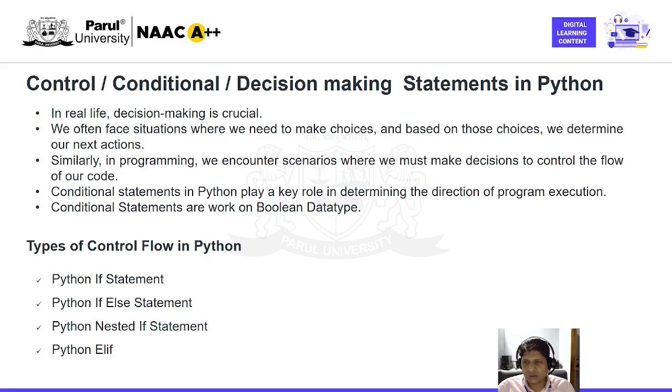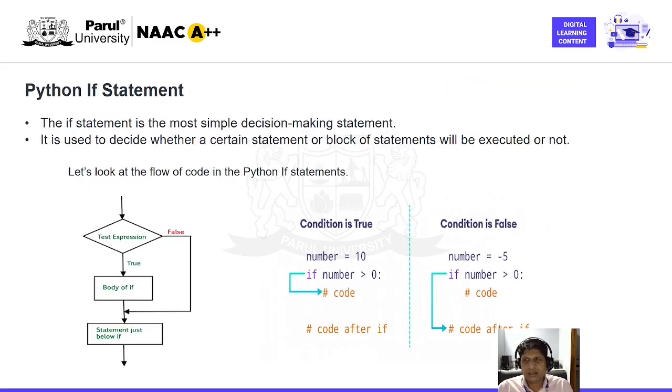Different types of flow control statements in Python: number one, if statement. Second, if else statement. Next, nested if statement and elif statement. Now we will discuss one by one in detail.